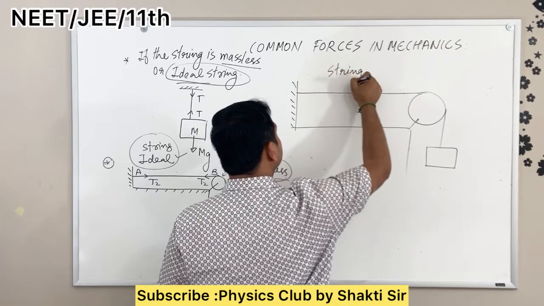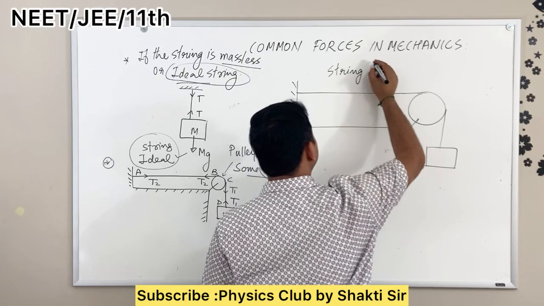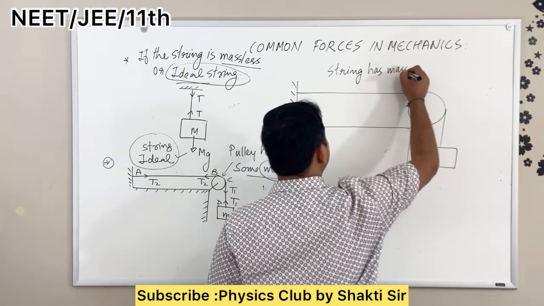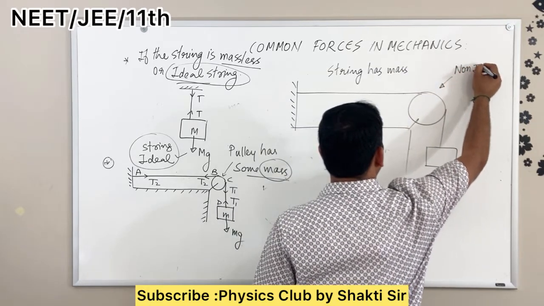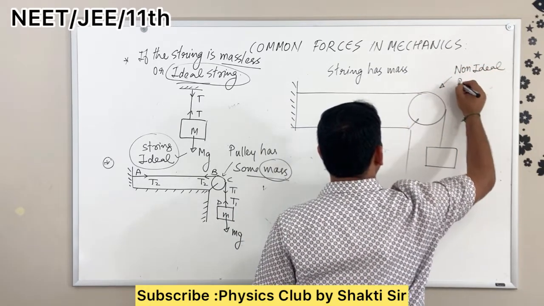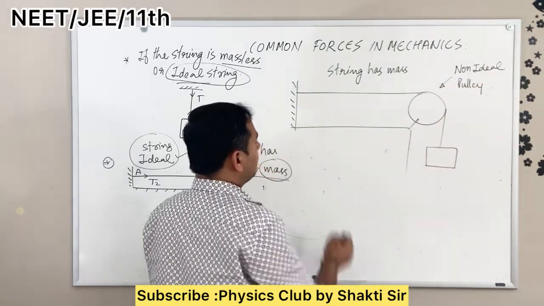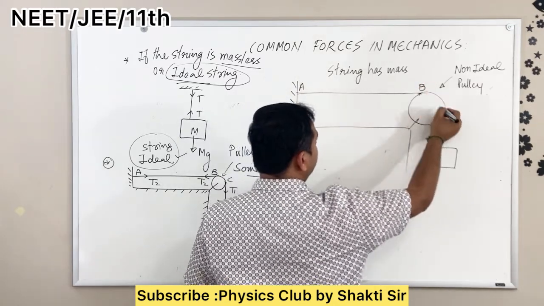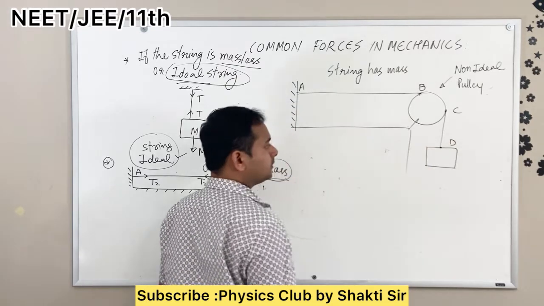String has mass. Non-ideal pulley. Now again there are 4 points: one contact, second contact, third contact, fourth contact.